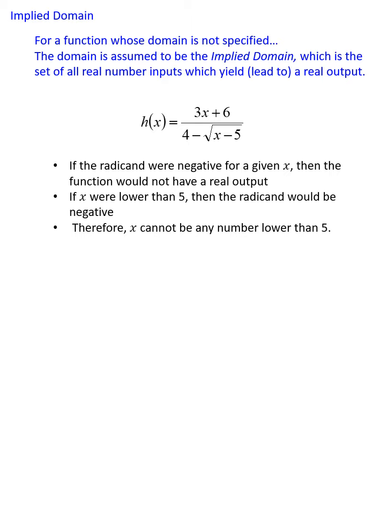So x can't be any number lower than 5. How about 5 itself? Well, x could be 5. Look at the original function. If x were 5, we would have radical 0, which is 0, and then 4 minus 0, my denominator would be 4. There's no problem with x being 5 itself, it just can't be lower.